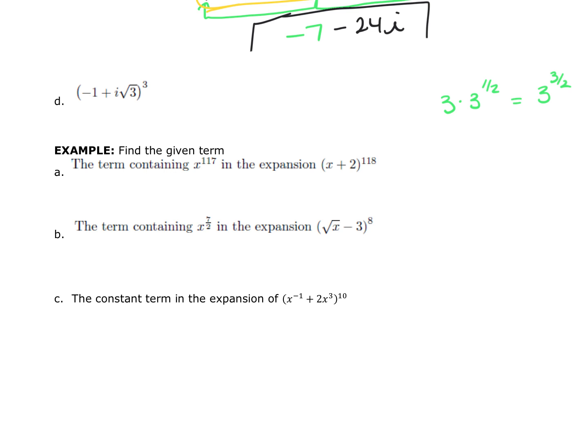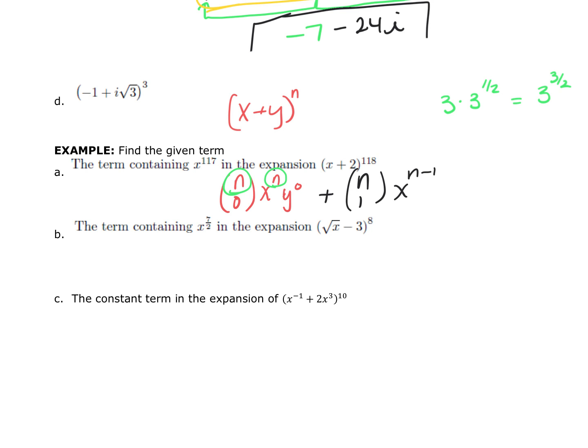But remember with the binomial theorem, when we start out with the n choose 0, x raised to the n, y raised to the 0. Remember when I had x plus y raised to the n. Notice how this matches this. My next term was n choose 1, x raised to the n minus 1, y raised to the 1.